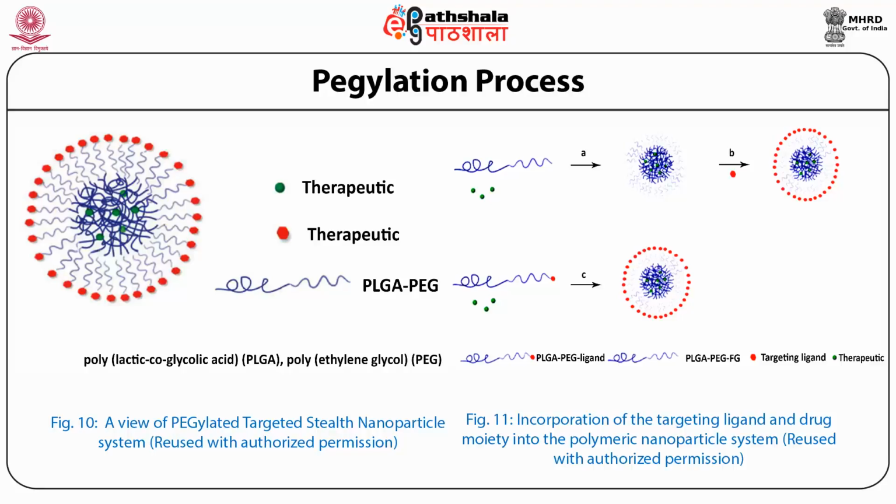So the functionalization through the pegylation process starts when a chain made up of PLGA and PEG polymer interacts with the therapeutic drug, which leads to the formation of a nanocarrier. Then the nanocarrier is further conjugated with the targeting ligand so that the cellular recognition of the nanocarrier can take place.